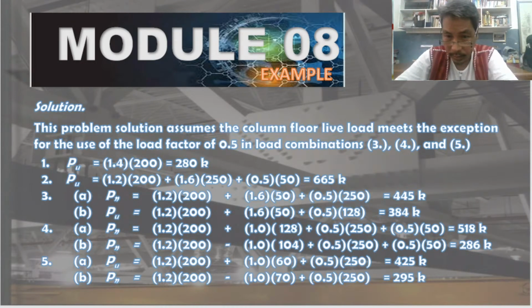And because of that, for number 4, we have 518 and 286. We have a lower value, 286, because we use the negative value for tensile wind. That is the common convention in the design subject. Tensile, negative. Compression, positive.